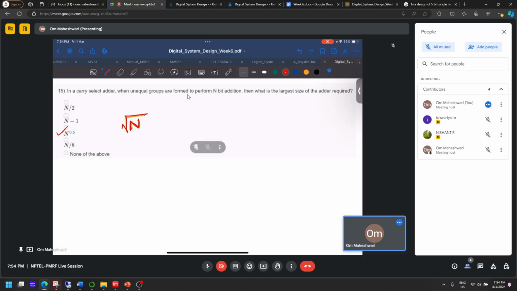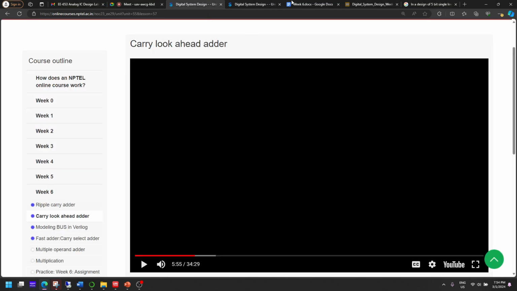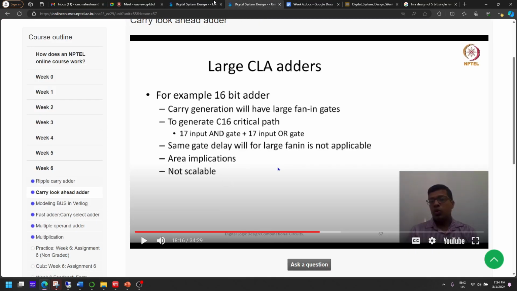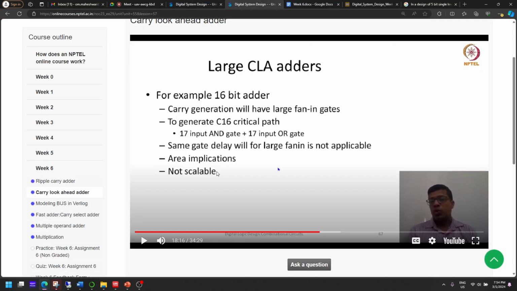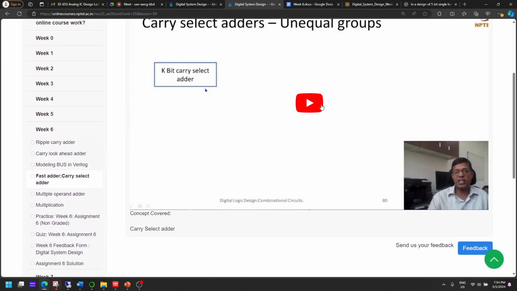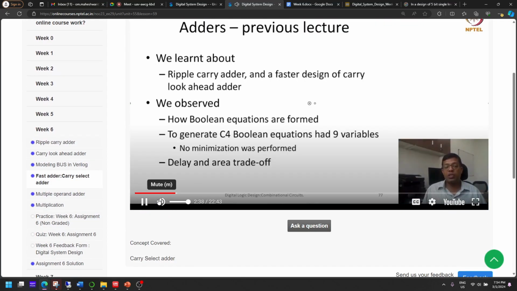So again, I understand it is a little difficult to get this understanding with just the theoretical knowledge, but yeah, these are just some numbers that you should remember.